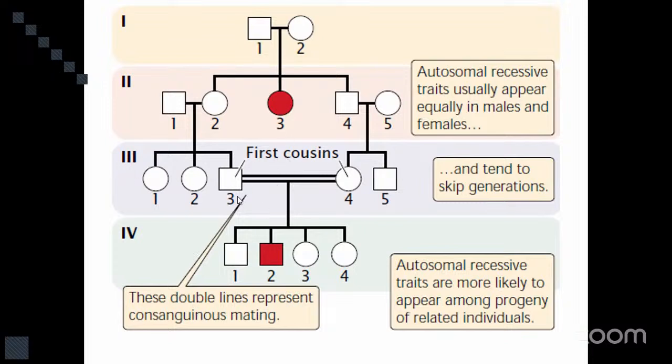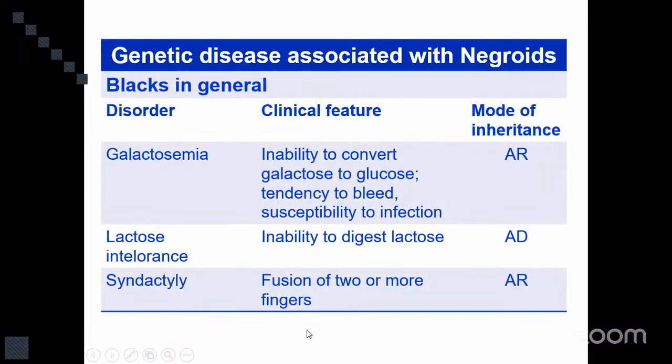Third generation, nobody is affected. Fourth generation, 1 person, the child, a son, is affected. So this is a classical instance where, because there is a skipping of generation, we can clearly say it's an autosomal recessive trait.